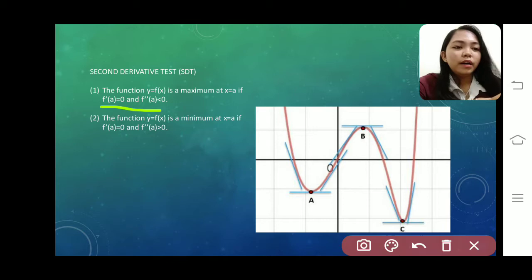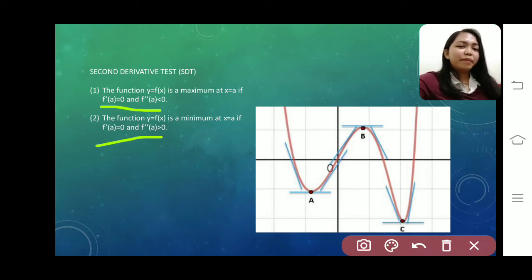So, on the other hand, if the function y equals f of x is a minimum at x equals a if f prime of a is equal to 0 and f double prime of a is greater than 0.